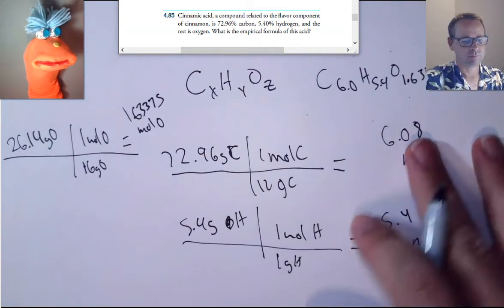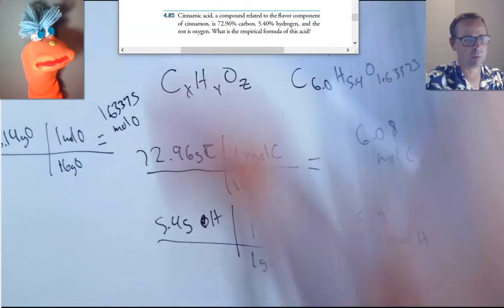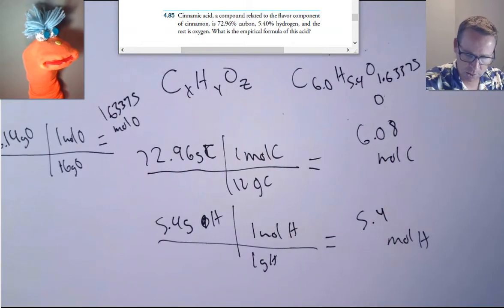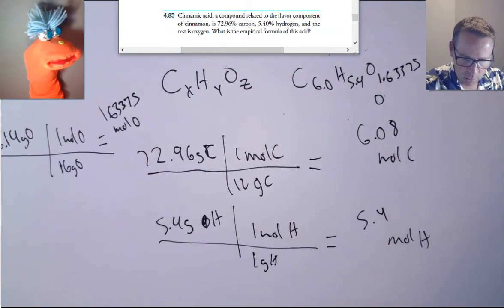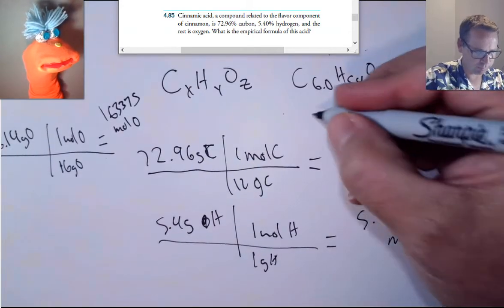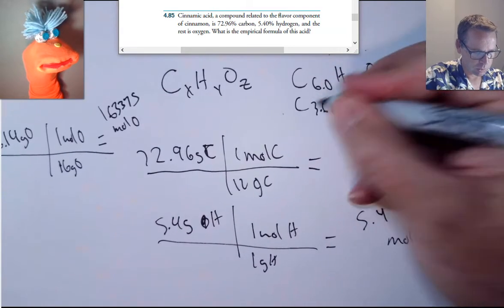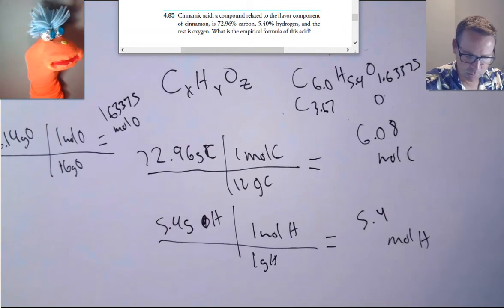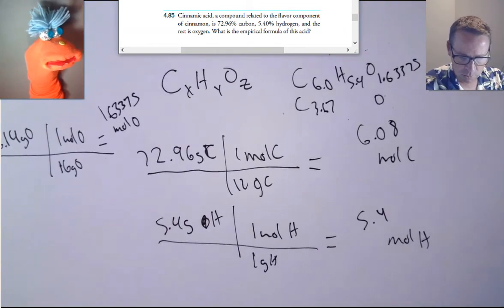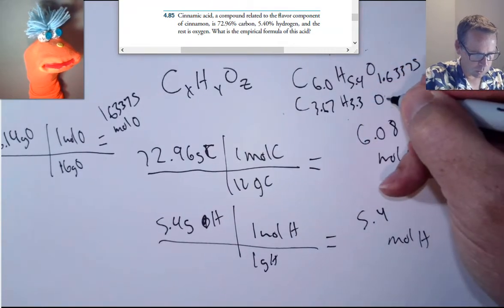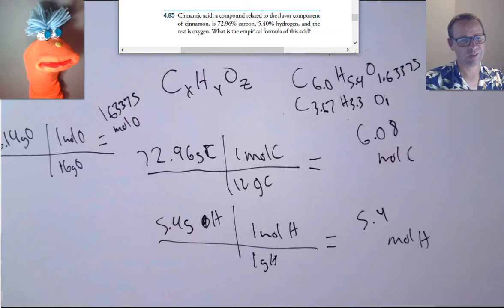Now what? Divide that all by the smallest, the 1.63375. Very good. 6.08 divided by that smallest, that's 3.67. 5.4 divided by the smallest, 3.3. And O is 1. That doesn't look very good, does it?